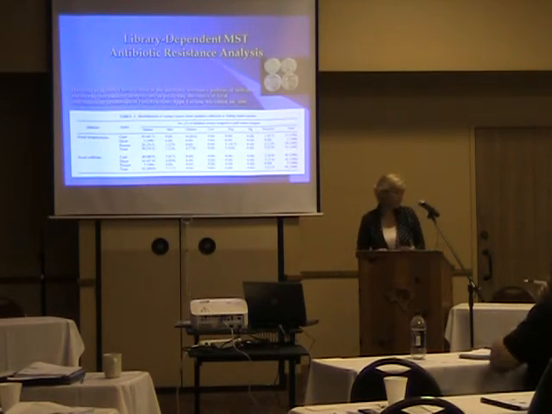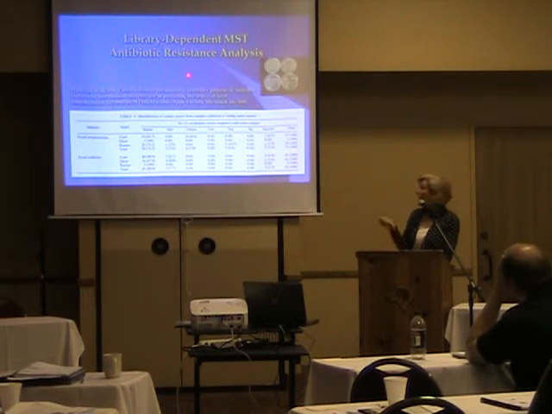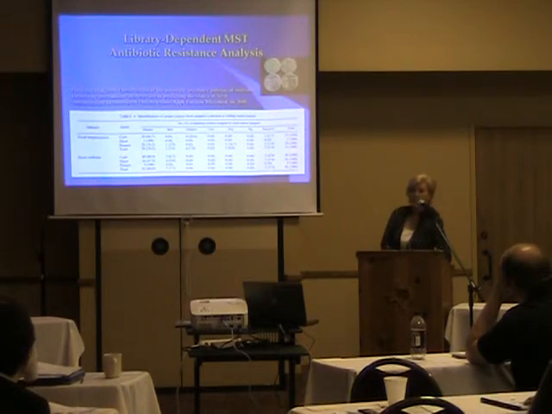But I will show you some data quickly from a paper that we published, I think it was 2000. In this case, we used an antibiotic resistance analysis library, and we utilized both fecal coliforms and enterococci.